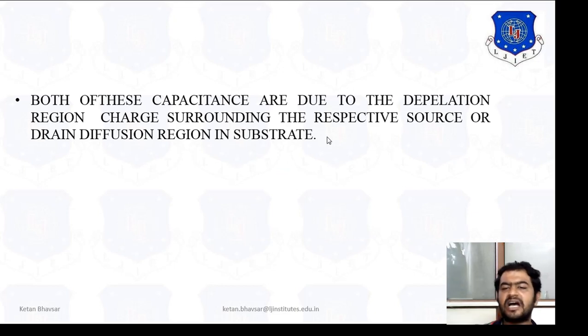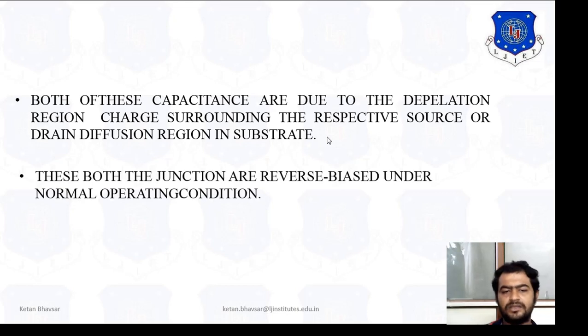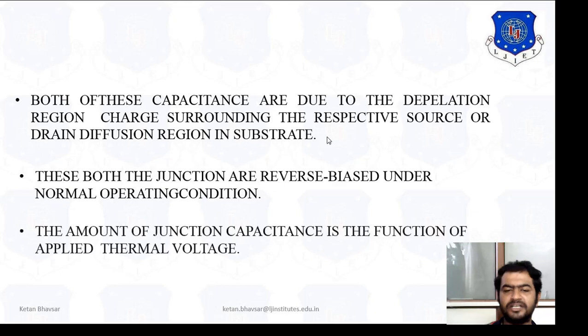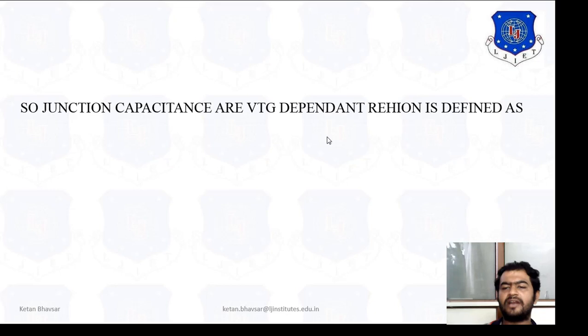Both of these capacitances are due to the depletion region charge surrounding the respective source or drain diffusion region in the substrate. Both junctions are reverse biased under normal operating conditions. The amount of junction capacitance is a function of the applied terminal voltages, so junction capacitances are voltage dependent.